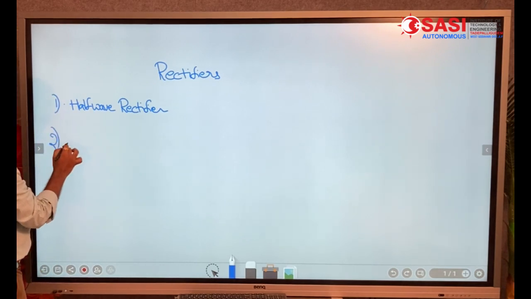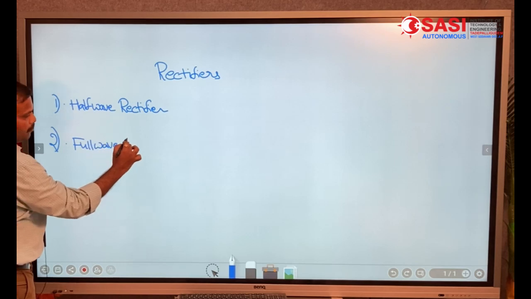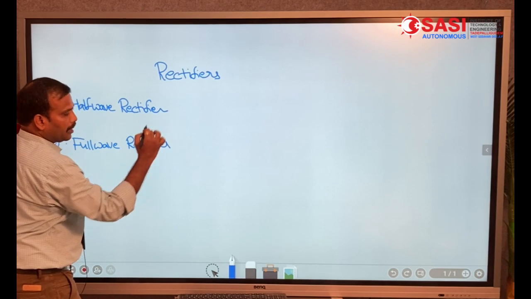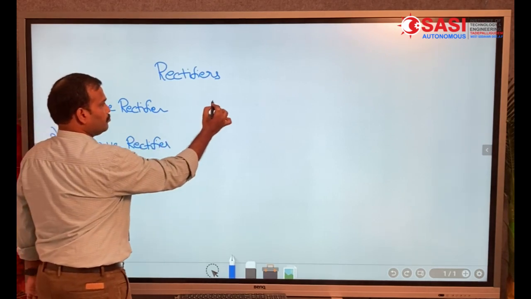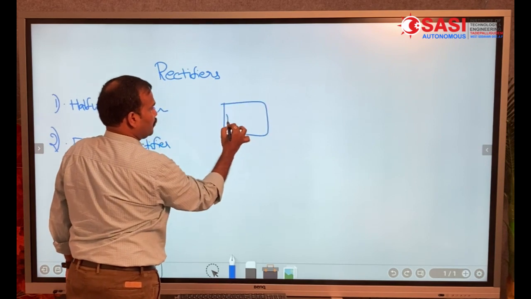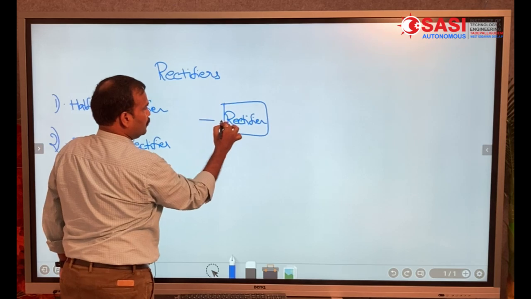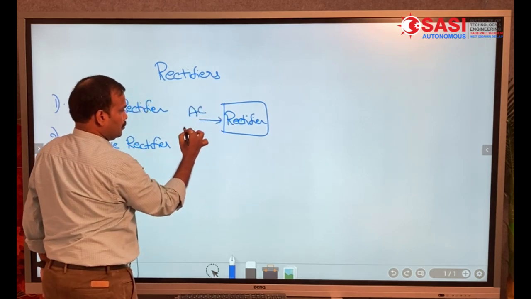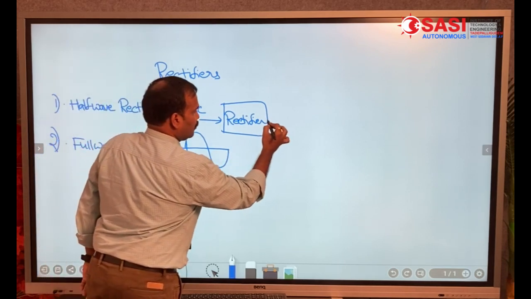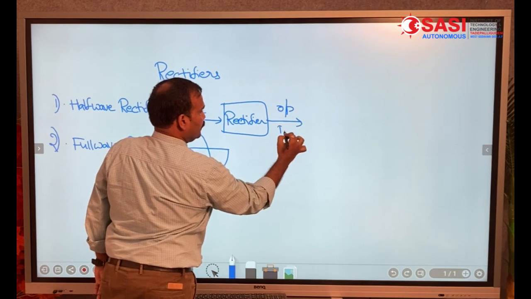Second one, the full wave rectifier. Now the input to the rectifier is AC signal, and the output from the rectifier is DC.